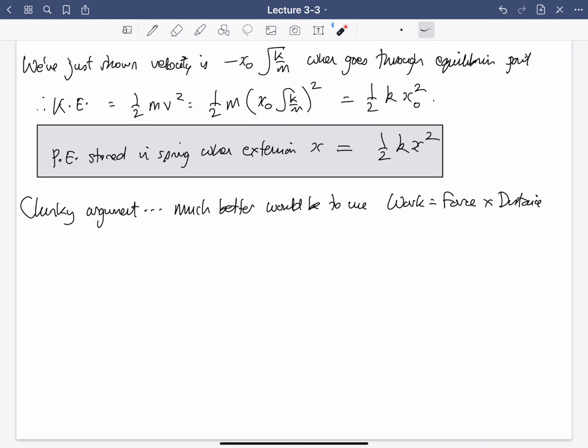So I can't just do what I did when calculating the potential energy of lifting the apple. That was a constant force. Now the force changes as x changes, so what you have to do is integrate.